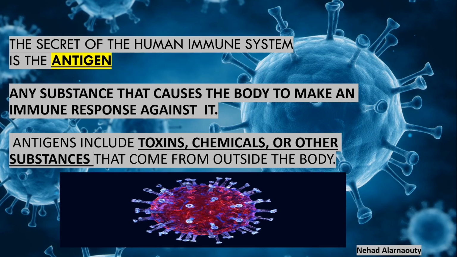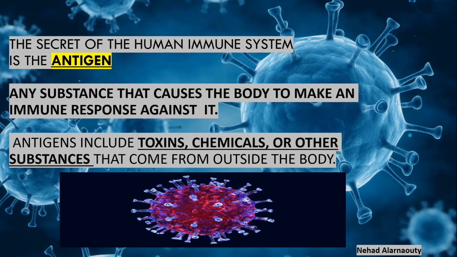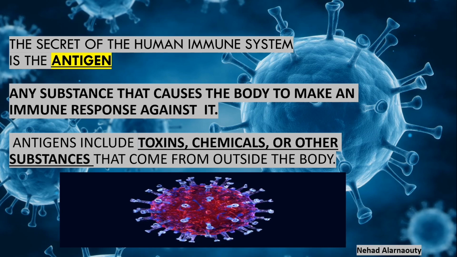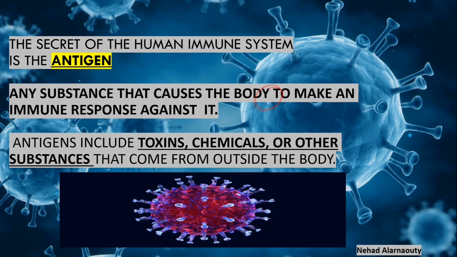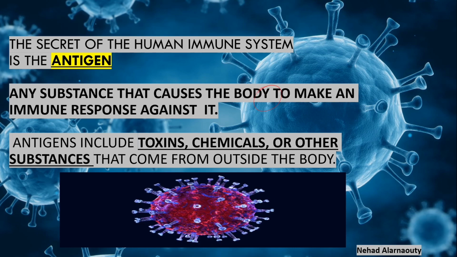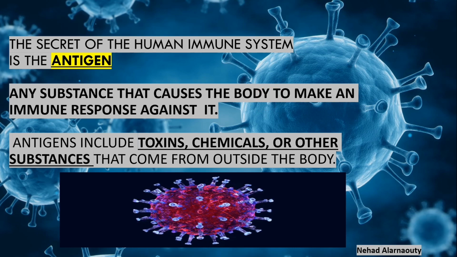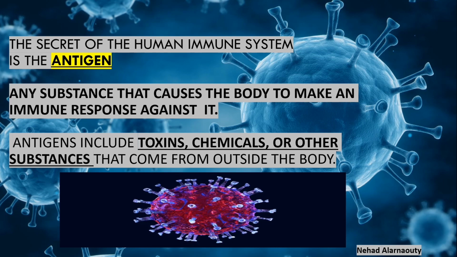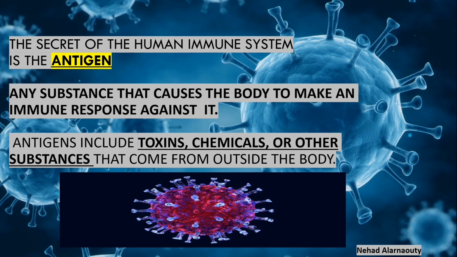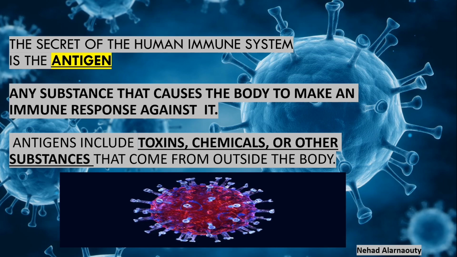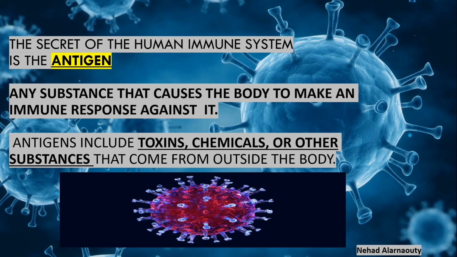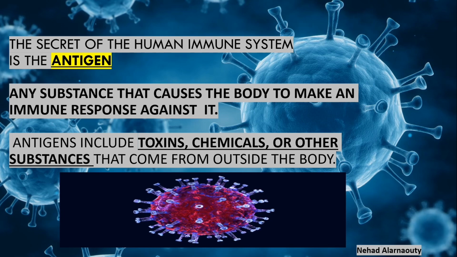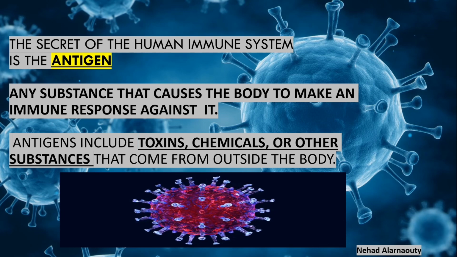Actually, the answer is so simple. The thing that allows your body to recognize a pathogen, or to stimulate the immune system to attack it, is the antigen. The antigen is any substance that makes your immune system respond against it. So maybe it's a toxin, a chemical, a virus, or a part of a virus.